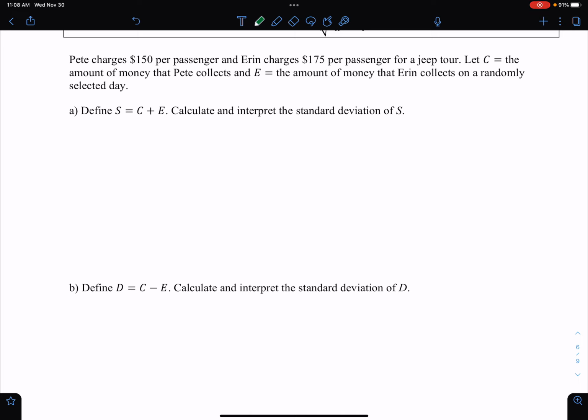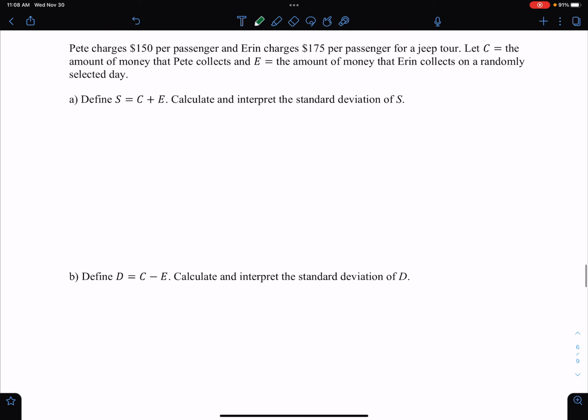So we're going back to examples of good old Pete and Aaron. I'm sure you're a little sick of hearing about Pete and Aaron right now, but we're back to the money random variable. So we define the event of adding the two random variables as S. So we want to find the standard deviation of combining the two money random variables.